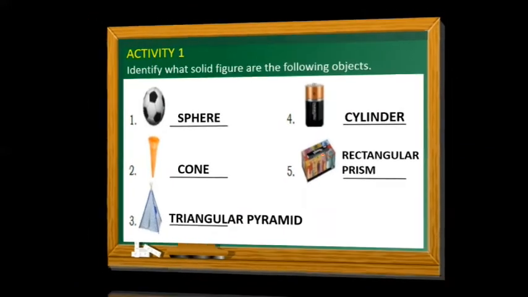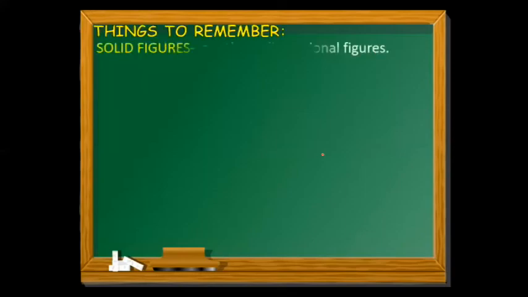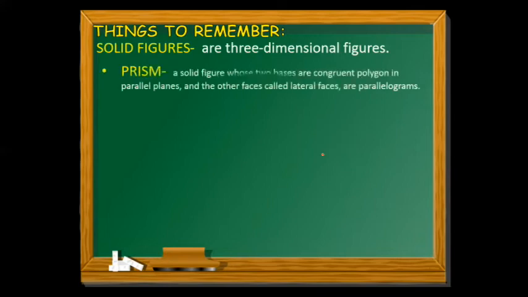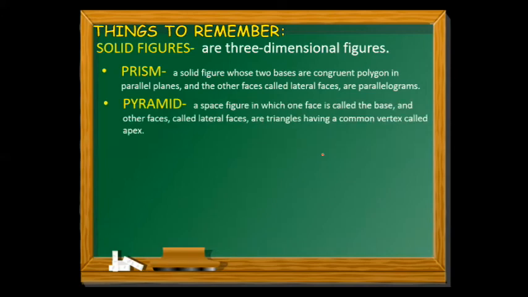Okay? So, things to remember, class. Solid figures are three-dimensional figures. Like prism, a solid figure whose two bases are congruent polygons in parallel planes and the other faces called lateral faces are parallelograms. We have pyramid, a space figure in which one face is called the base and other faces called lateral faces are triangles having a common vertex called the apex.